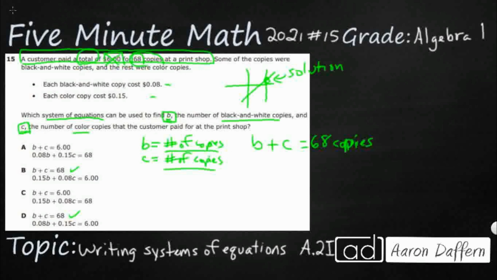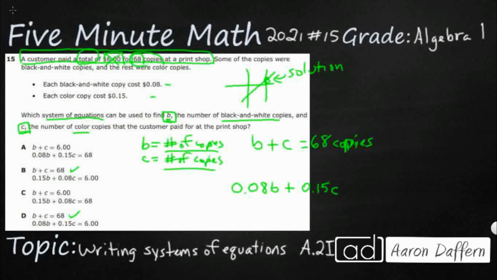If they are 8 cents each, that's going to be my rate, 0.08 times the number of black and white copies I've got, B. Add that to, well, how much is each color copy? 15 cents, 0.15, multiplied by how many color copies I've got.